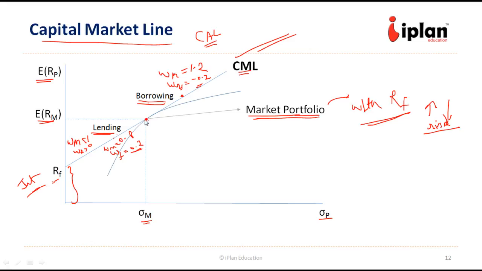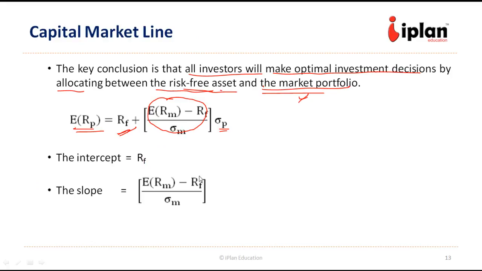If we look at here, this is ERM minus RF and this distance is sigma m. So if we divide ERM minus RF by sigma m, we get the slope. So that is our slope, ERM minus RF by sigma m. So this is our capital market line.